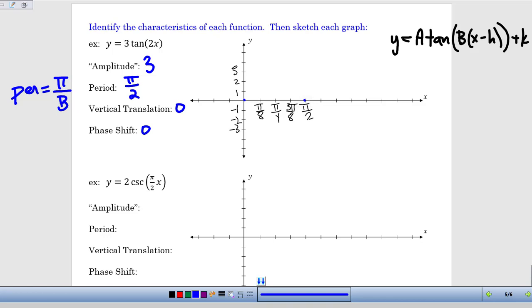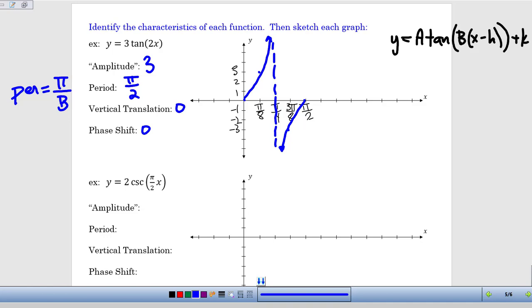Halfway through the cycle, it has an asymptote, so that's at pi over 4 in this case. And then halfway in between the zeros and the asymptotes, normally tangent is at either 1 or -1, but because of that 3 out in front as the coefficient in the A position, we're going to be at either 3 or -3. So that means we have these curves that look like this.